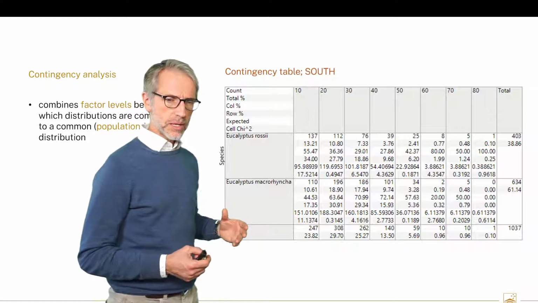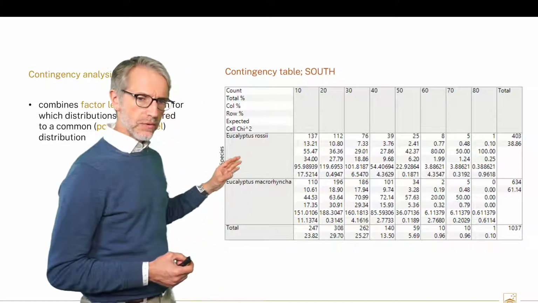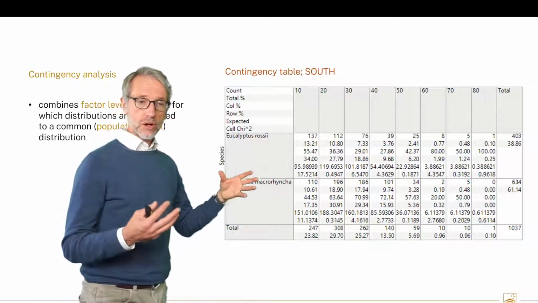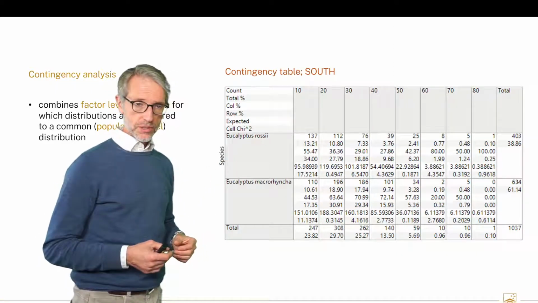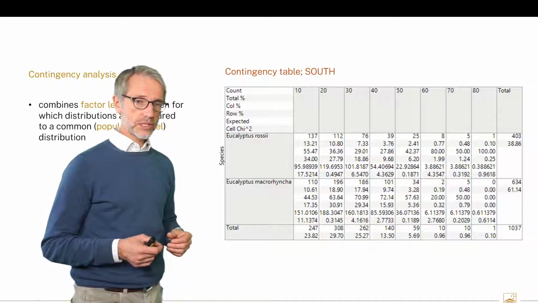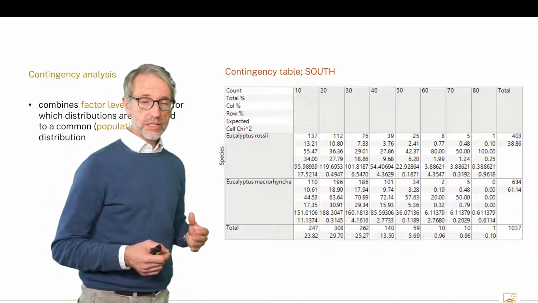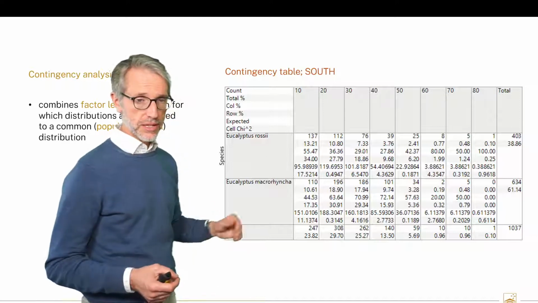But using JMP, what I've done here is I've chosen to represent the key elements that go into creating a chi-square for a contingency-based analysis of diameter classes across species on a south aspect.